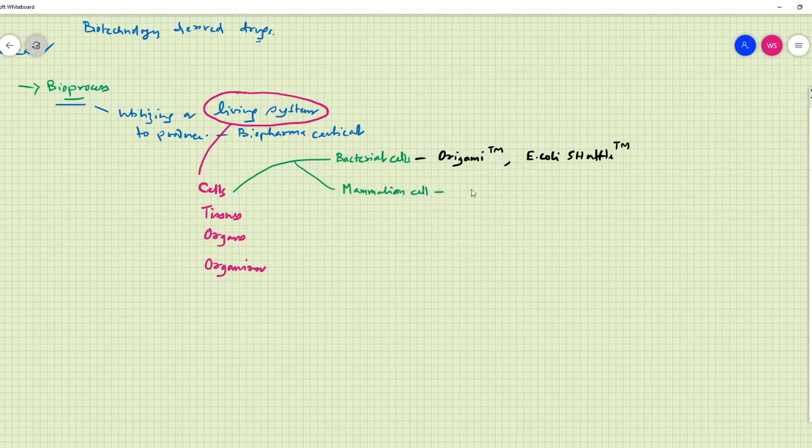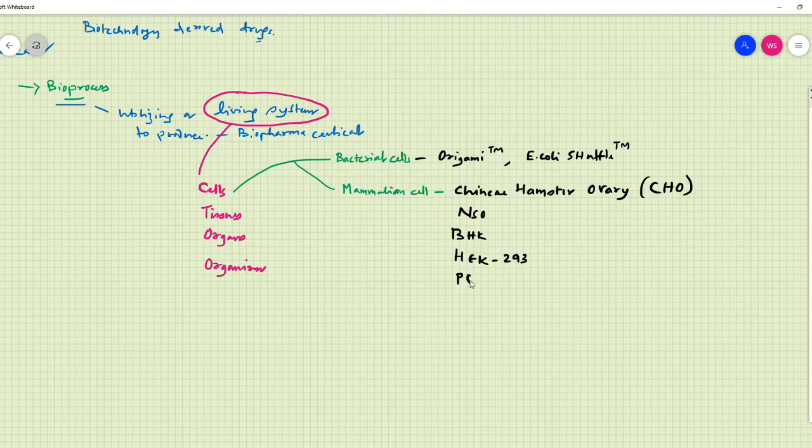What examples can we give? There is the Chinese hamster ovary. Okay, they are very commonly known as CHO cells. There is NSO. There is BHK. There is HEK 293.